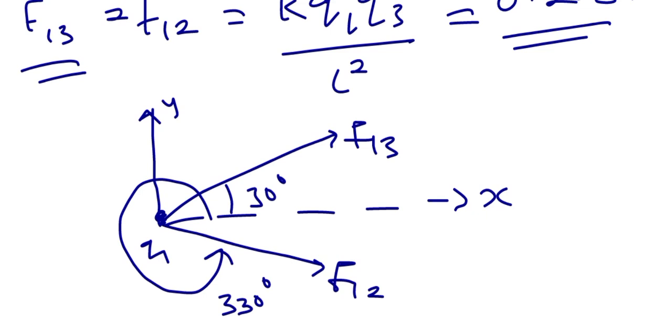So the angle between F13 and the x-axis is 30 degrees, and between the x-axis and F12 is 330 degrees. We need to resolve these vectors to solve for the resultant value of F, which should be along this side, capital F.